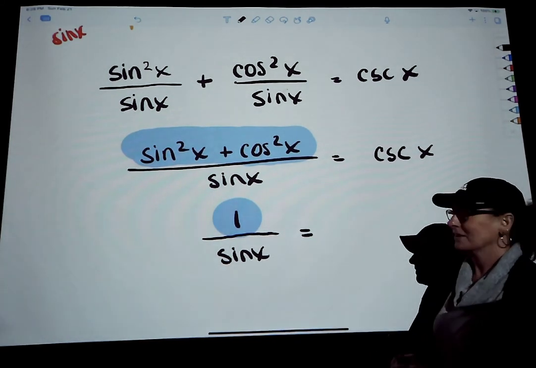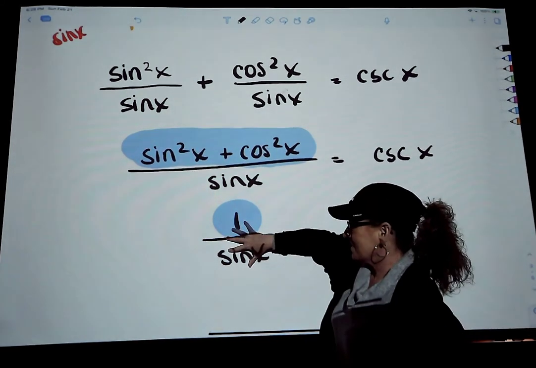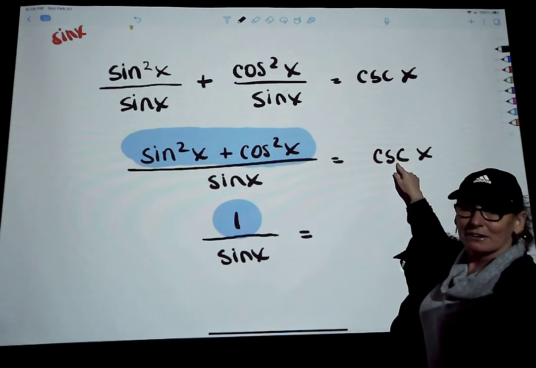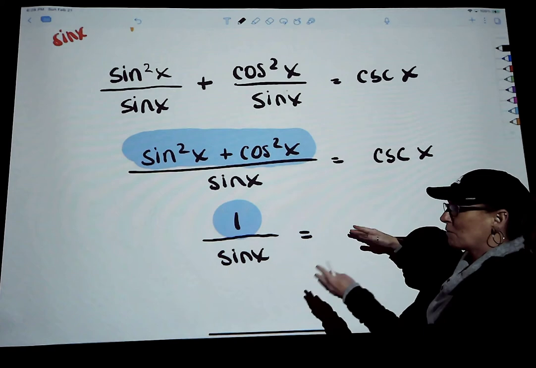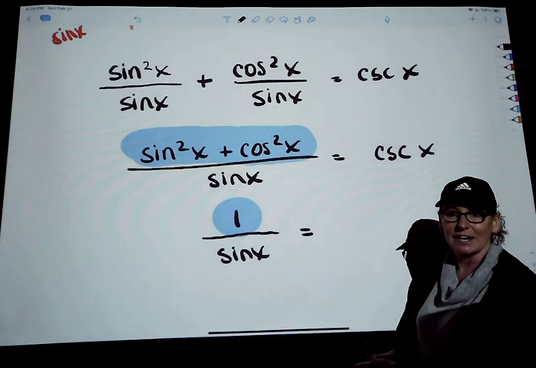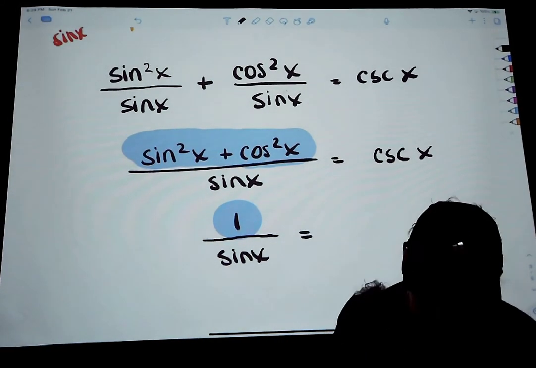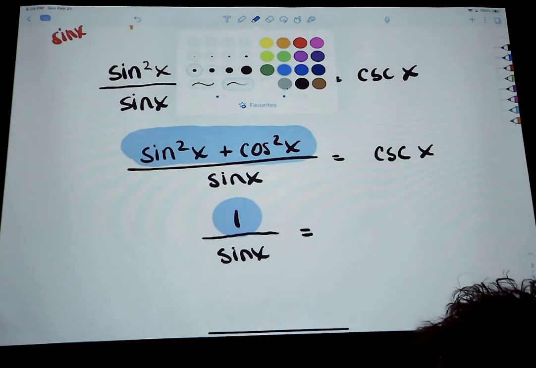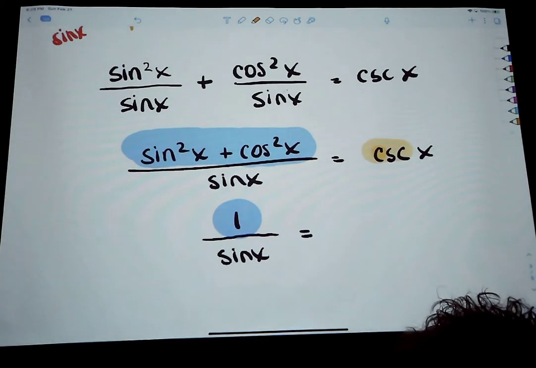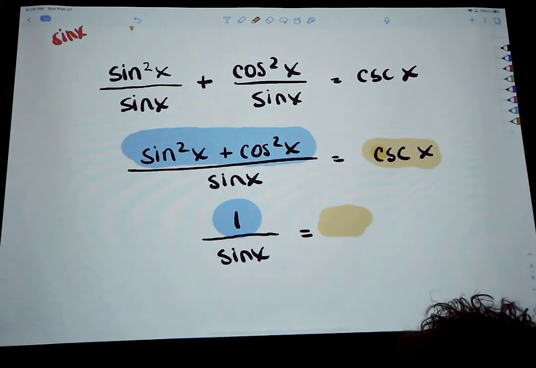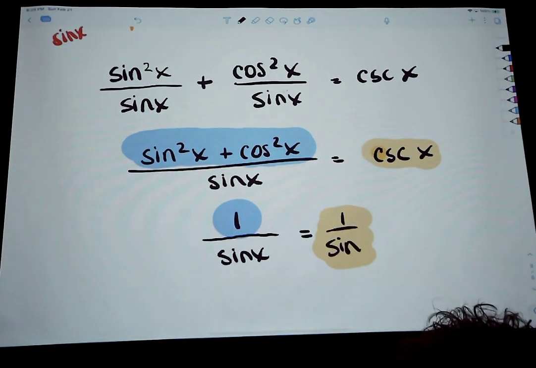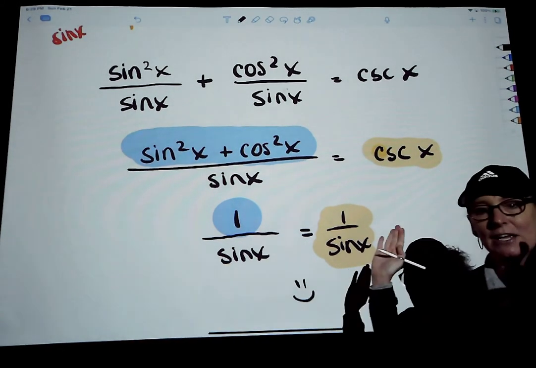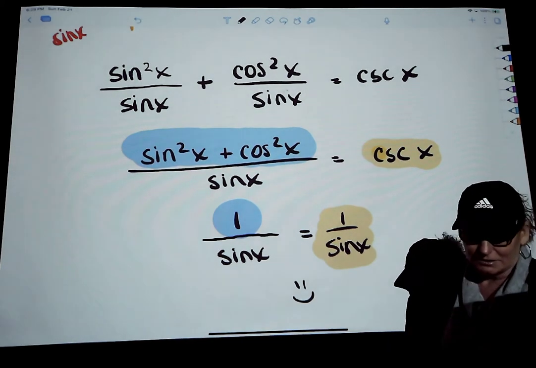Now, I rewrote this. That became a 1. What about now? You want to change it now? If I change it now, I won't have to do another rewrite, another line. So yeah, you can go ahead and change that now. And for cosecant, I will sub in 1 over sine x. That way they match, and I can call it done.